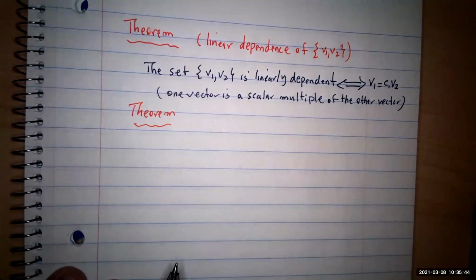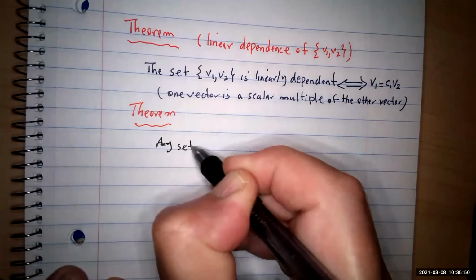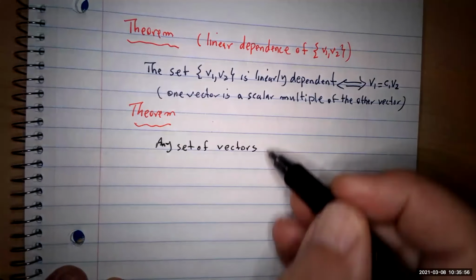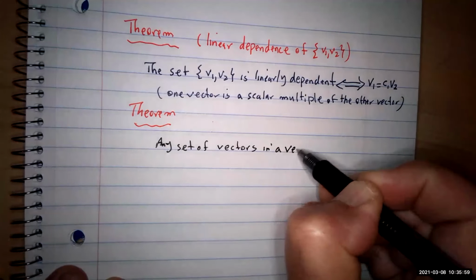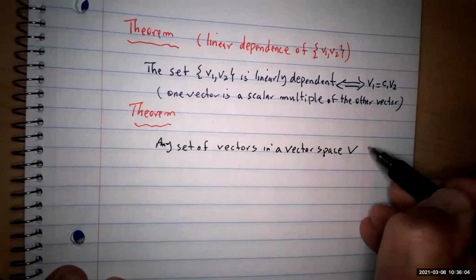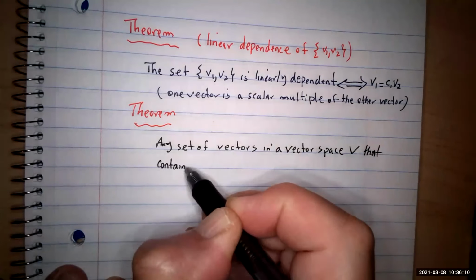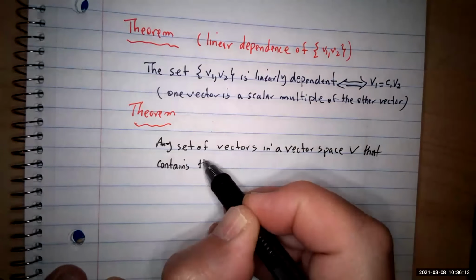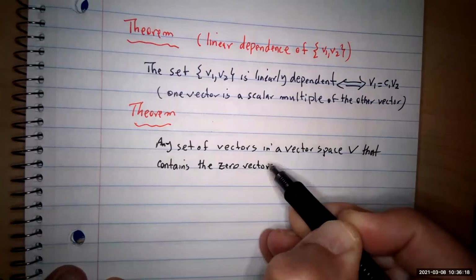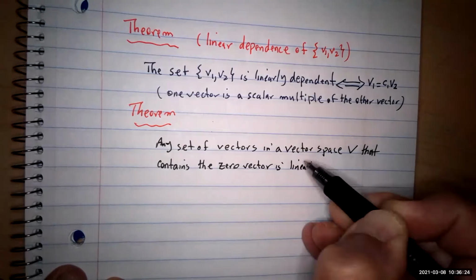So any set of vectors in a vector space V that contains the 0 vector is linearly dependent.